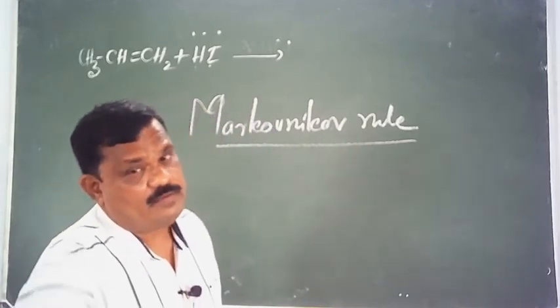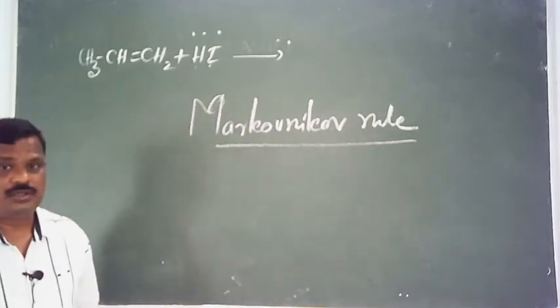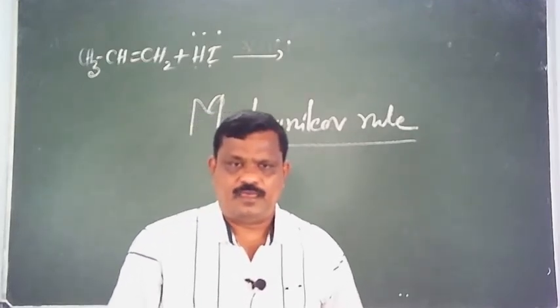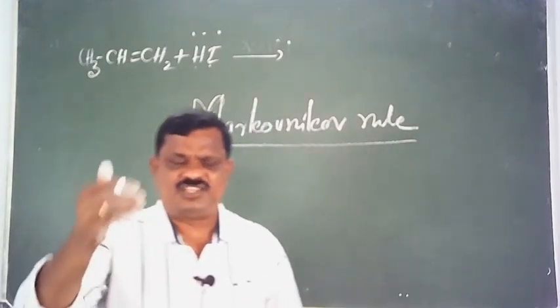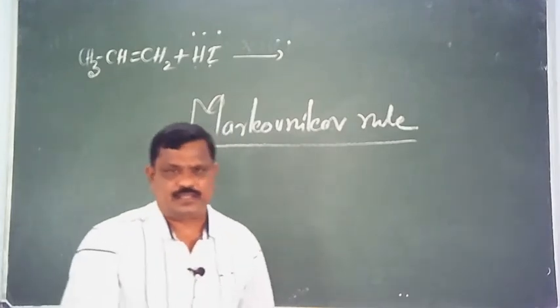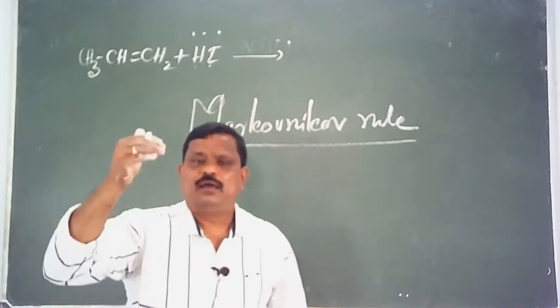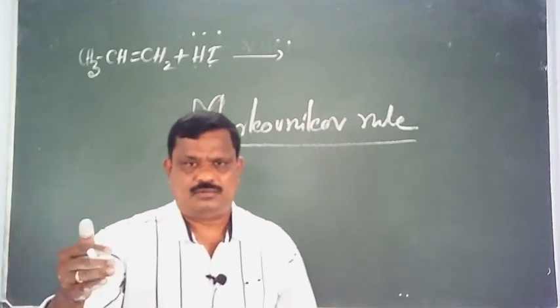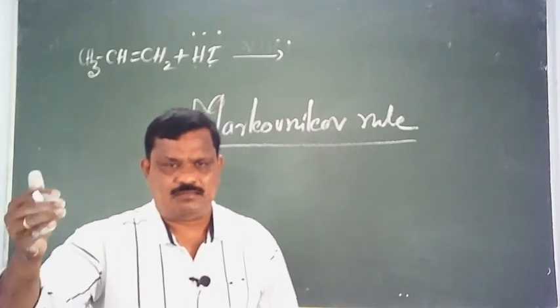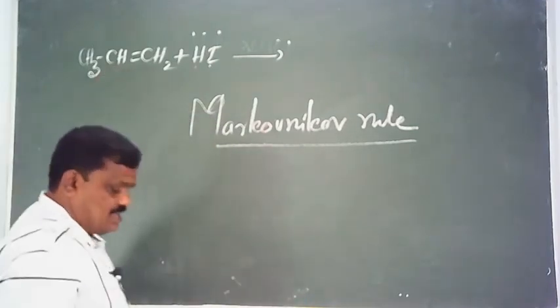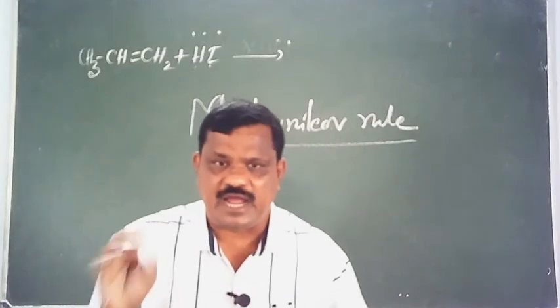Can you give the statement of Markovnikov's rule? The rule states like this: if an unsymmetrical reagent adds to an unsymmetrical alkene, the negative part of the adding molecule, the addendum, adds to the double bond carbon containing less number of hydrogen atoms.